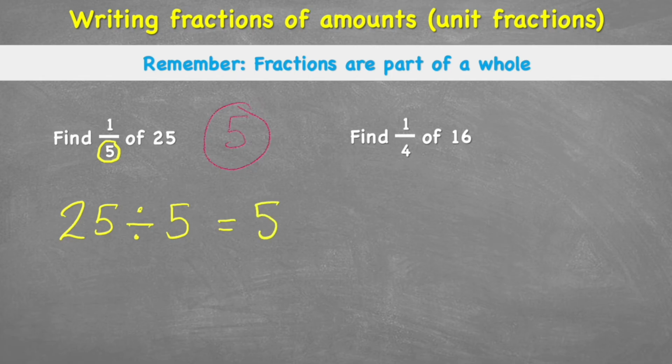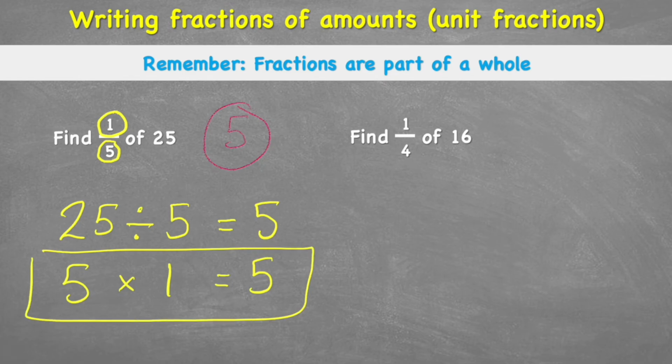Then because I'm only looking at one group, all I need to do is take my 5 and times it by 1, which still leaves me 5. So this step is a little bit unnecessary, and I can see that this 5 is my answer because 1/5 of 25 equals 5. That was a much quicker way of doing it, wasn't it?